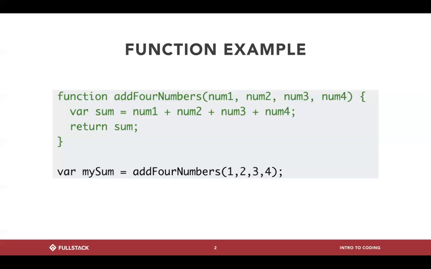What return also does is whatever value you put to the right of it, it yields that. It makes the output of the function that thing. So in this case, the output of the function is this sum variable, whatever the value of sum is.